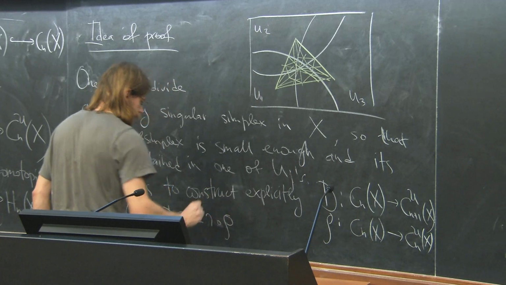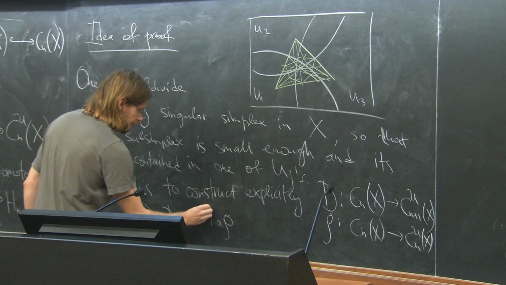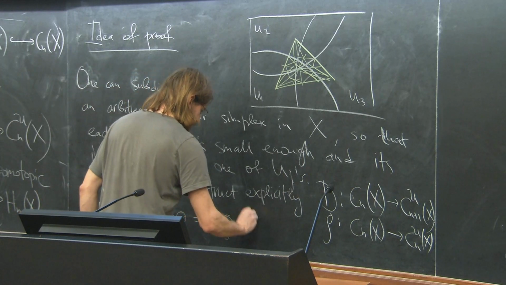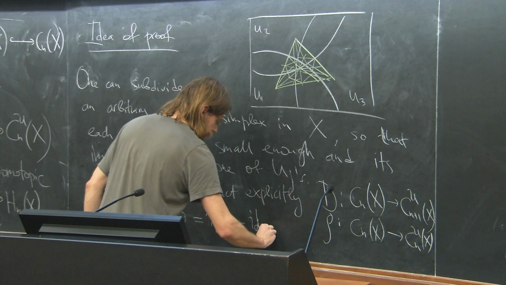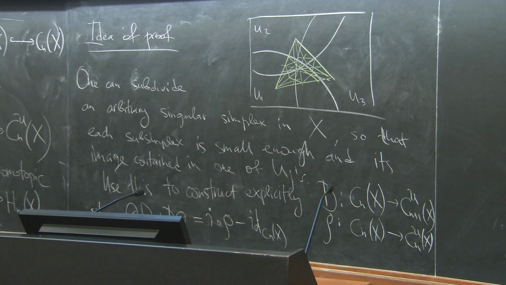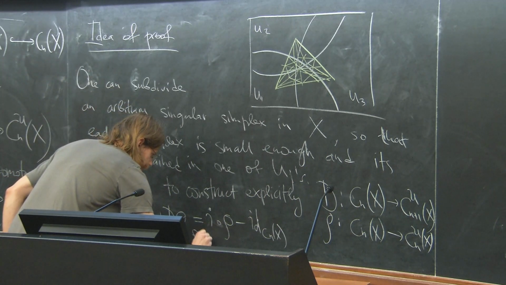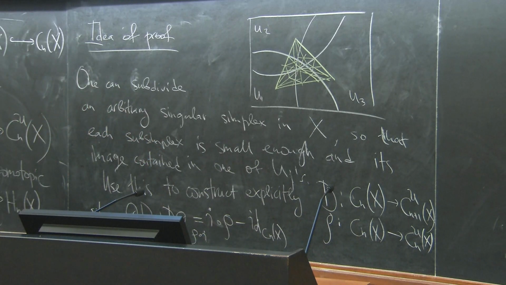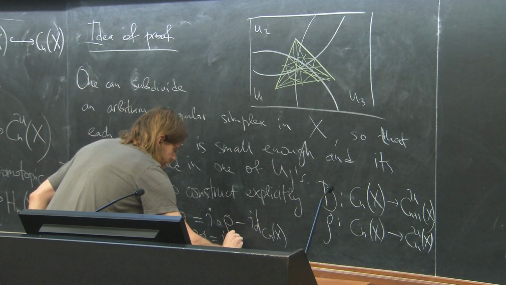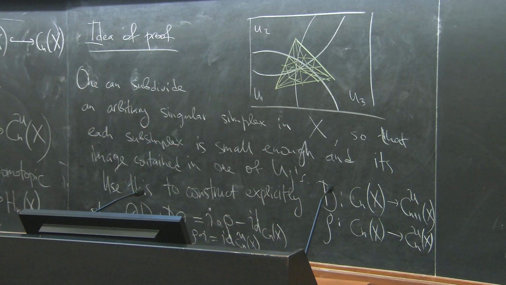Namely, I minus identity on Cn of x is of this form for some D. And it also will satisfy that the composition of rho with I, the composition the other way around, is just identity on Cn U of x.